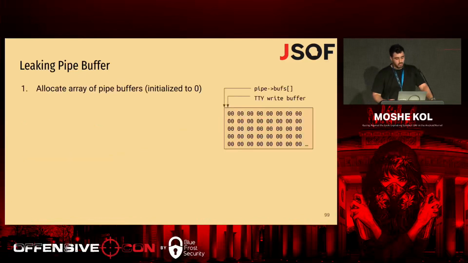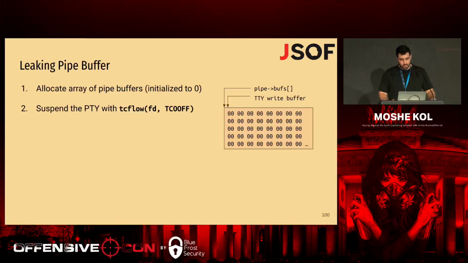But we can circumvent it with a simple trick. We will first allocate an array of pipe buffers, which is initialized to 0. We will then utilize the software flow control capabilities of the pseudo terminal, and issue an ioctl that tells it to stop emitting data.